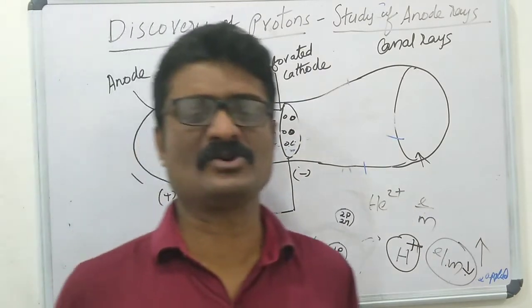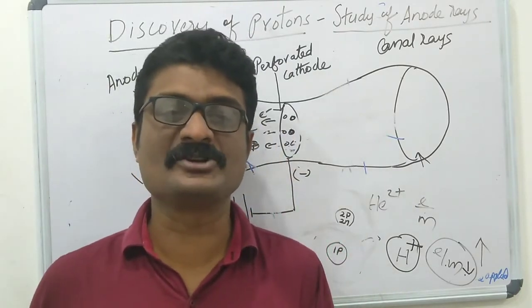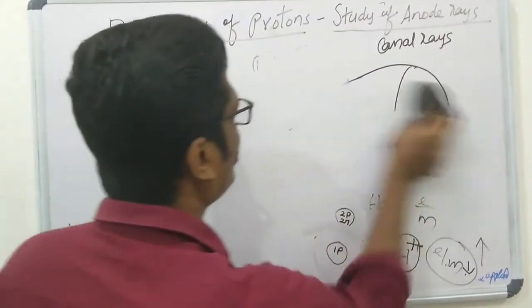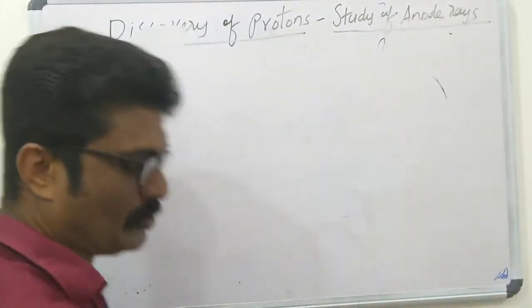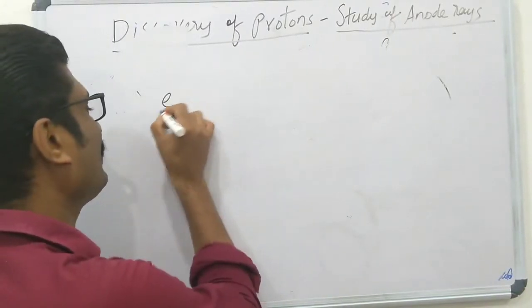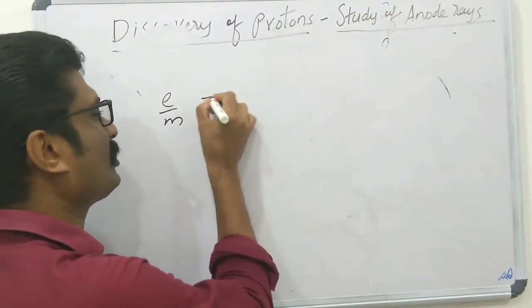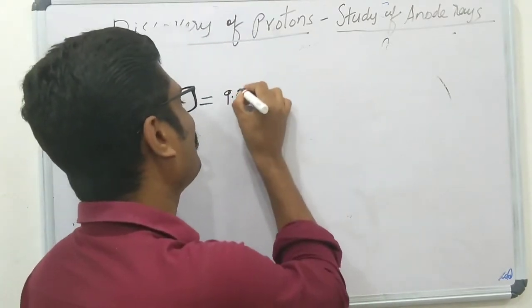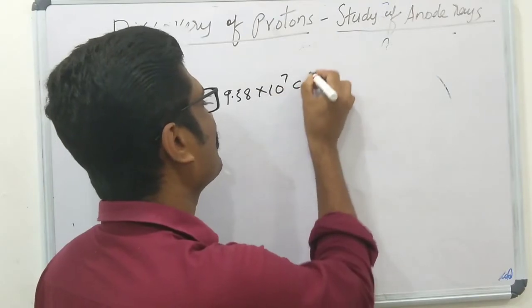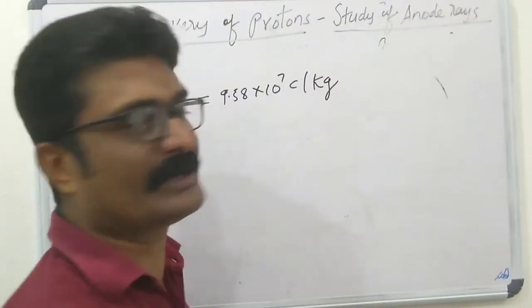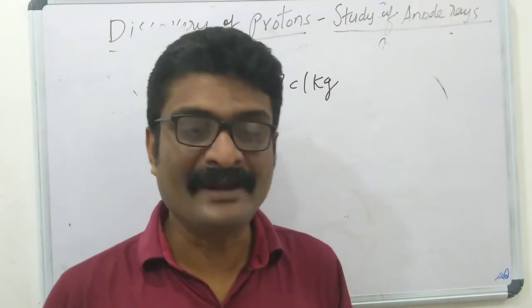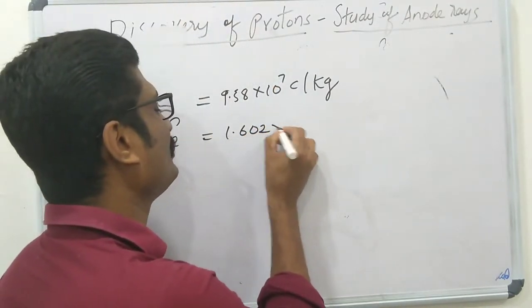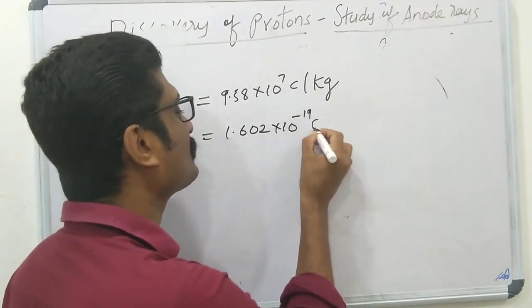Then what about the charge to mass ratio of protons? Please listen. The e/m ratio of a proton is found to be 9.58 × 10^7 coulomb per kilogram. The charge of a proton, e, is 1.602 × 10^-19 coulomb.